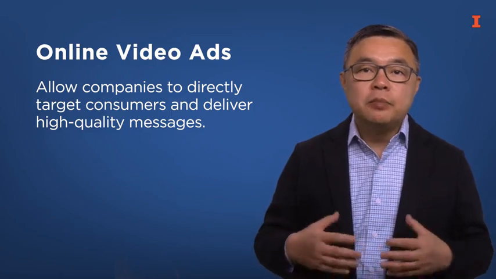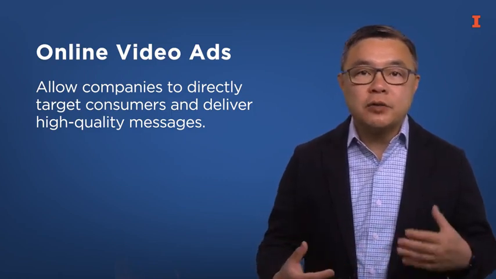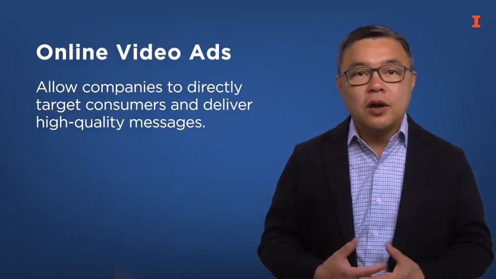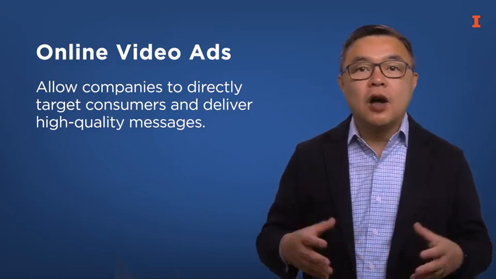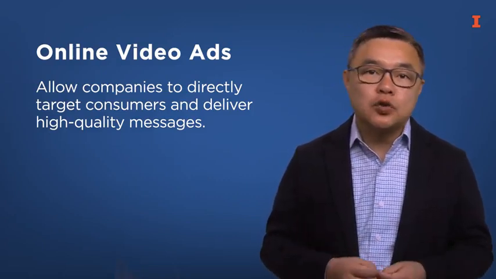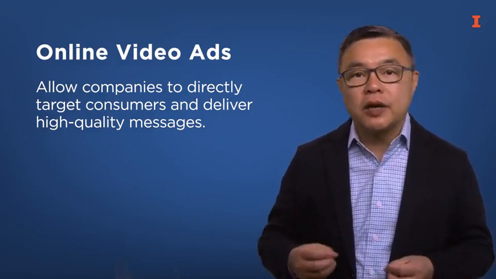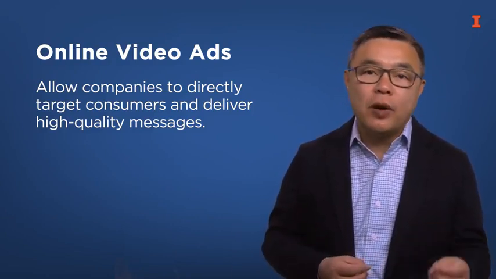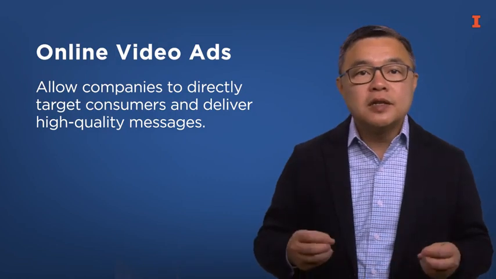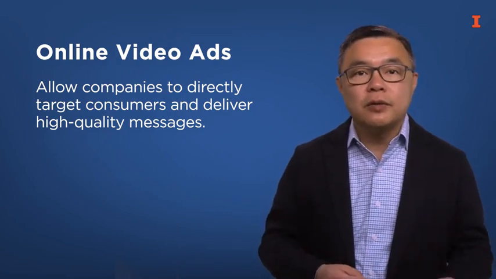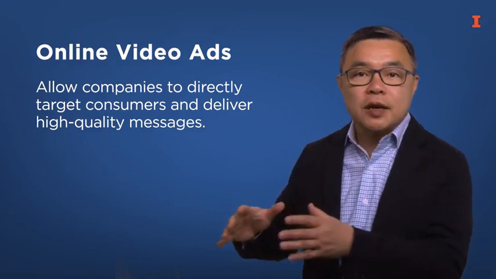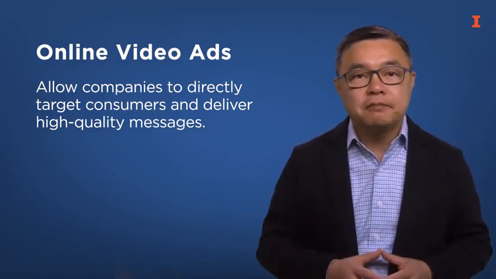Instead of competing for a few spots during popular TV programs, online video ads allow companies to directly target consumers and deliver high-quality, high production value marketing messages to millions of web users. I'll discuss these issues related to online video advertising in more detail in a separate special topic lesson.